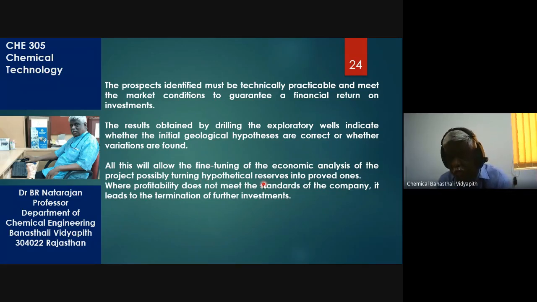Hypothetical means assumed. Proved means pakka hai. Right? Where profitability does not meet the standards of the company, it leads to the termination of further investment. So it looks like when I find that not much oil is coming, I'll put an end and pack off.